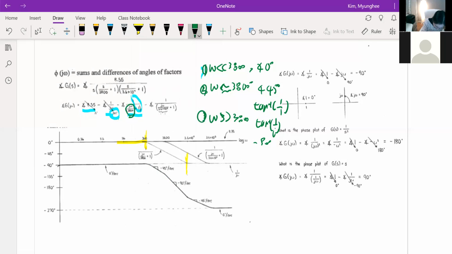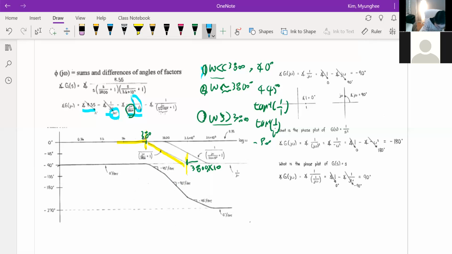So it's about 380. This is 0, and then about 10 times higher, it becomes negative 90. So larger means 10 times higher, and lower means 10 times lower. In between, it is approximated as negative 45 degrees.